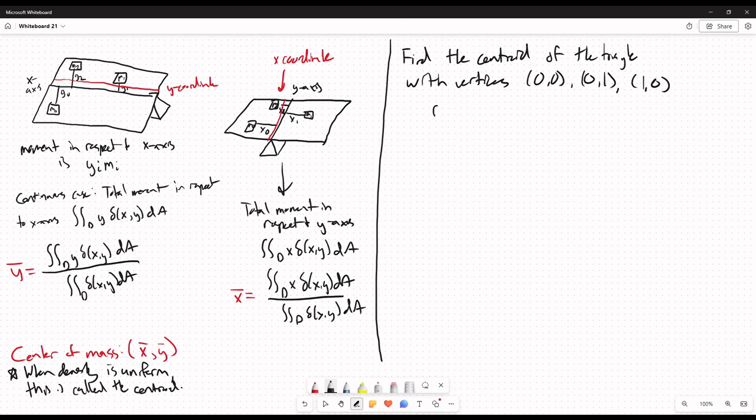So I'm going to set up a double integral of x dA to get my x coordinate. My density just needs to be uniform, so we'll just have it be 1, so I don't need to write it. Over the integral of just dA. This is just the area.